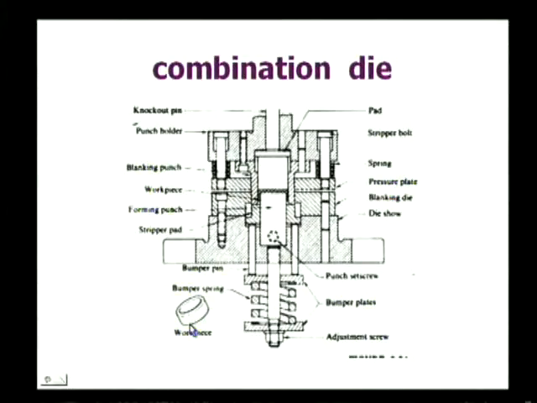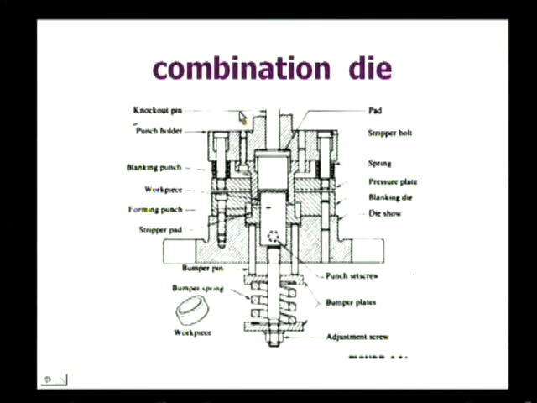In a single stroke, here this is the workpiece to be manufactured from a sheet metal. It is to be formed by a pressing operation into a dish shape, which is only possible by a forming operation. So not just forming, but also cutting the blank will be carried out in this combination die.